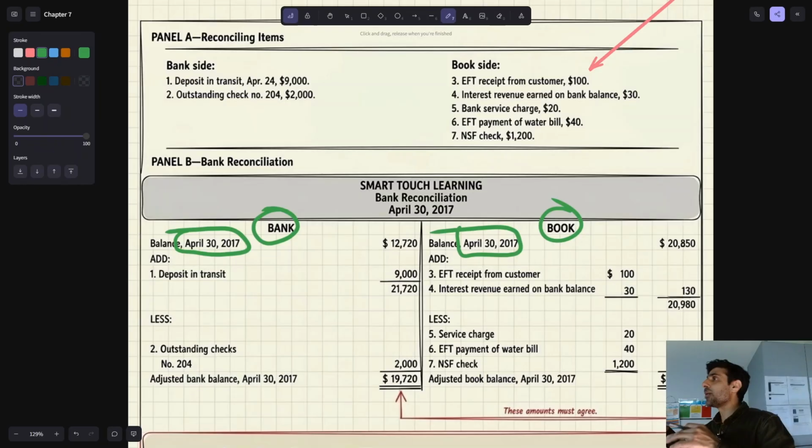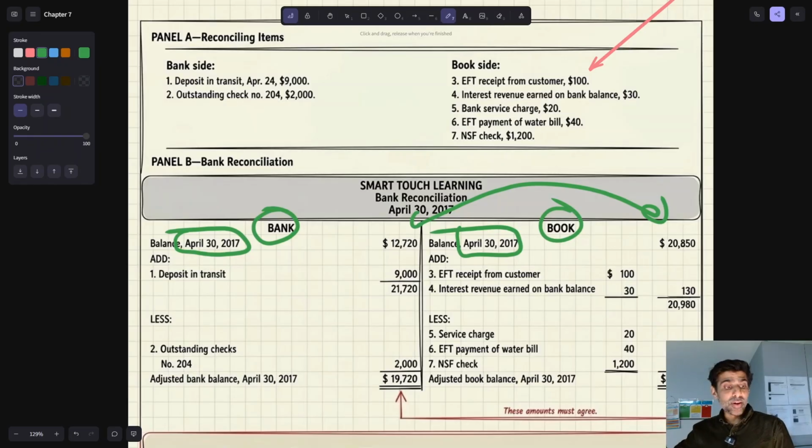Be very clear about that. This is, I think, a big source of confusion. You're not reconciling the transactions that happen in each. You're just taking the balances, which should be in agreement. Theoretically, they're both ending balances of cash, so they should be the same, but they're not for all the reasons that we just discussed.